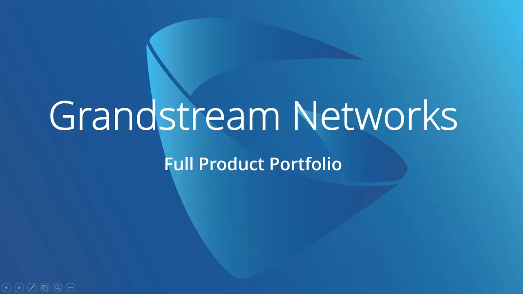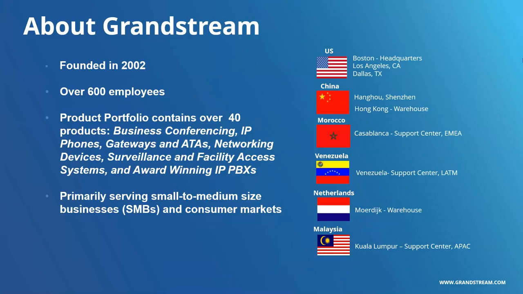Okay, so everyone should be able to see my presentation now. For those who do not know about Grandstream, we were founded in 2002. We have over 600 employees with a full product portfolio containing over 40 products, everything from our business conferencing solutions to our award-winning IP PBXs.